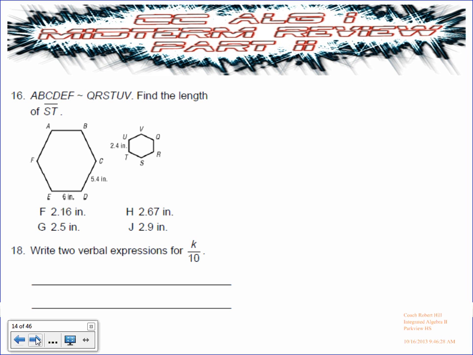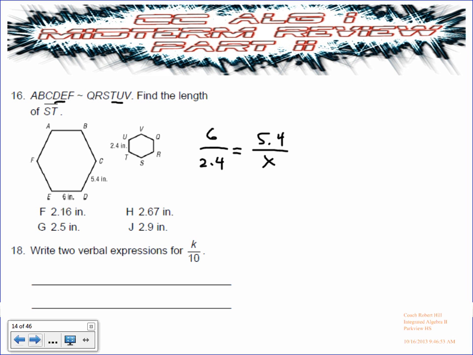So I set up my proportion by saying 6 is to 2.4, DE, that's the fourth letter, TU. So DE corresponds to TU. So 5.4 corresponds to X.